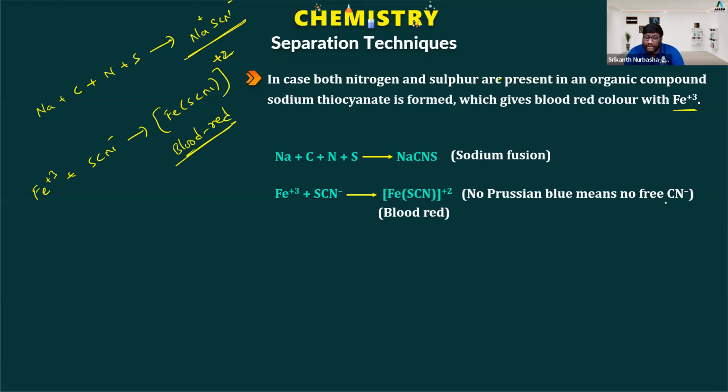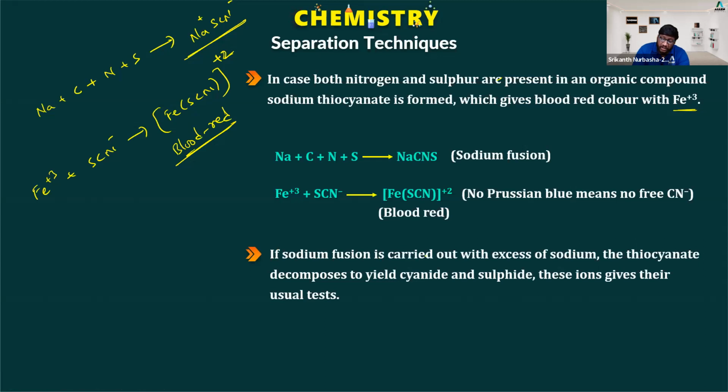No Prussian blue color indicates no free cyanides, no black precipitate with lead acetate, and no violet colored complex with sodium nitroprusside. That means there are no free sulfide ions. So when both nitrogen and sulfur are present, you will get the blood red color with Fe+3 ion.